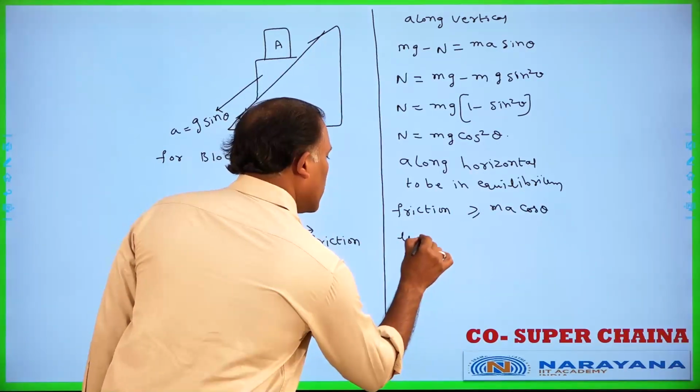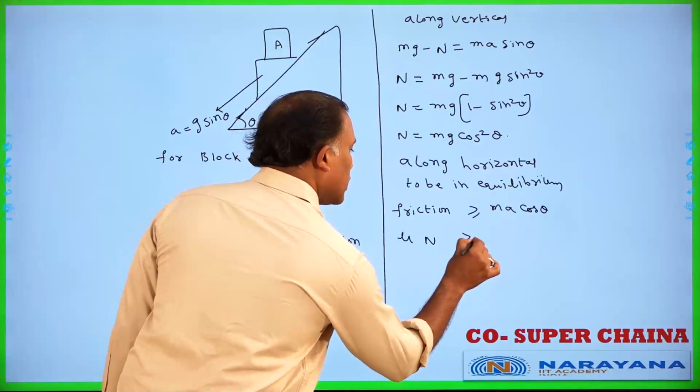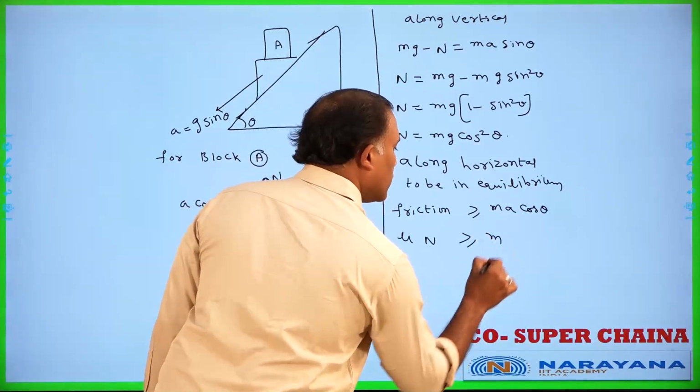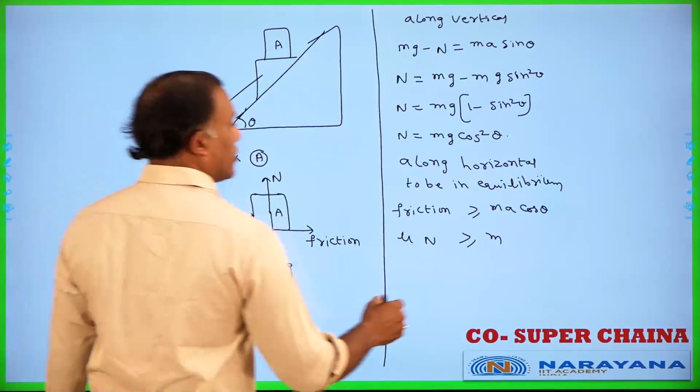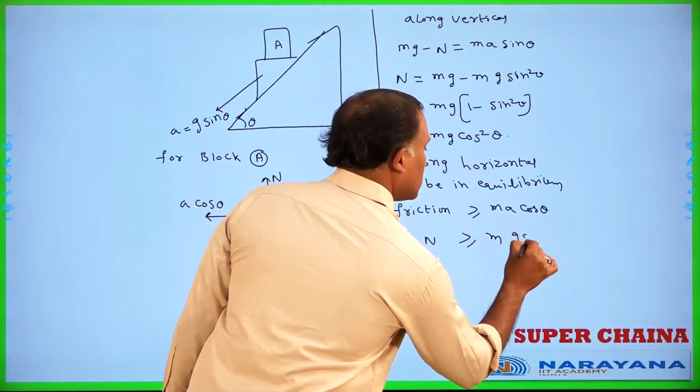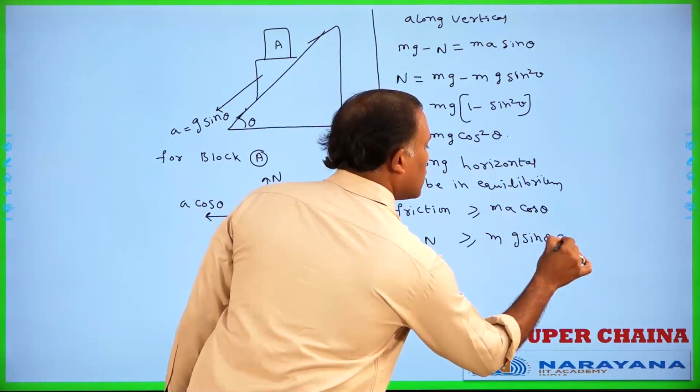So mu into normal reaction is greater than or equal to m a, where a is g sin theta, so g sin theta cos theta.